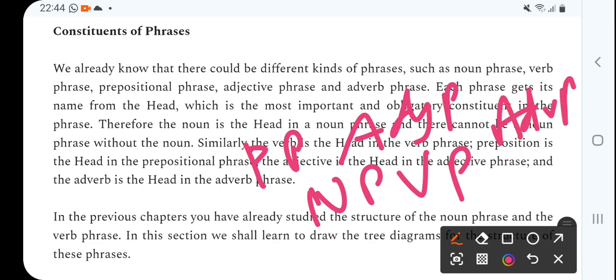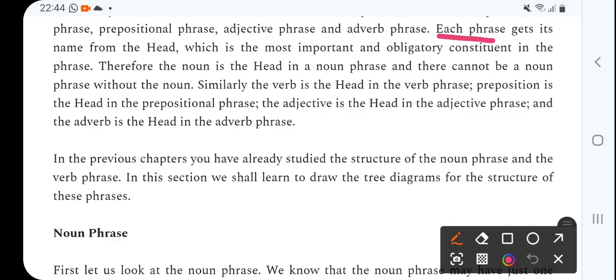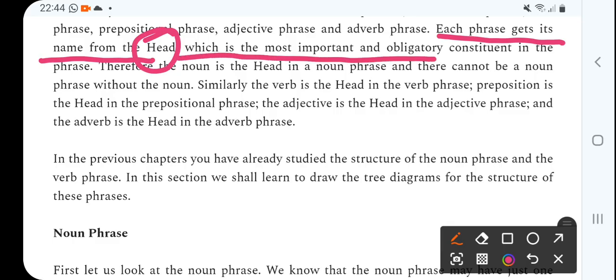Each phrase gets its name from the head, which is the most important and obligatory constituent in the phrase. So in any phrase there will be a head.